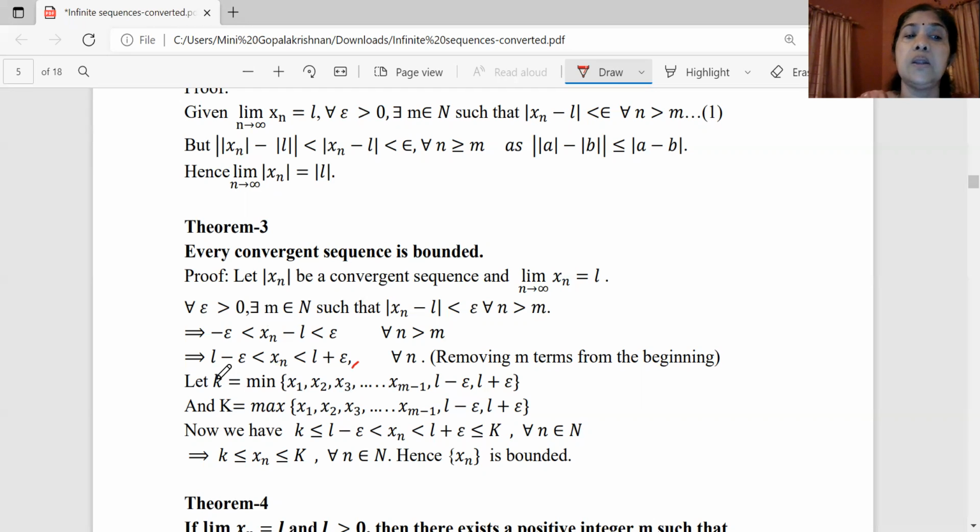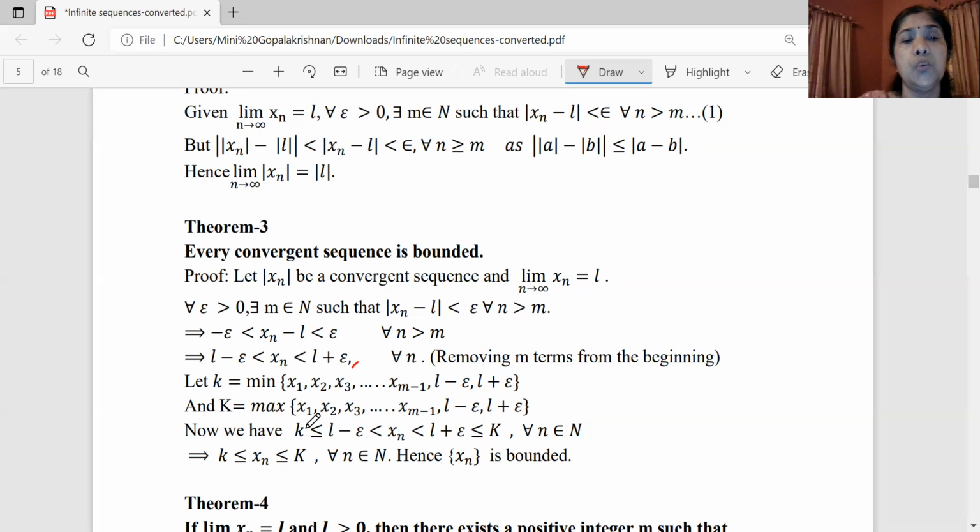We are designing two bounds, a lower bound and an upper bound. We take the minimum of all the quantities which we know as a lower bound and the maximum of all the quantities which we have right now as the upper bound.